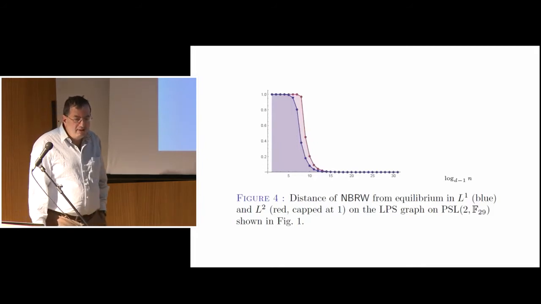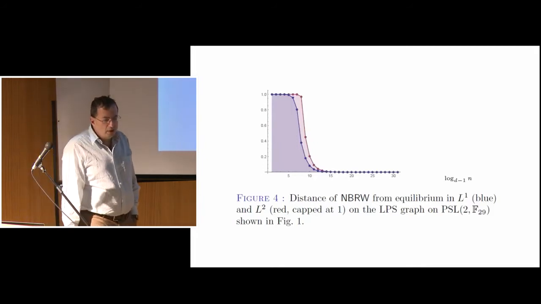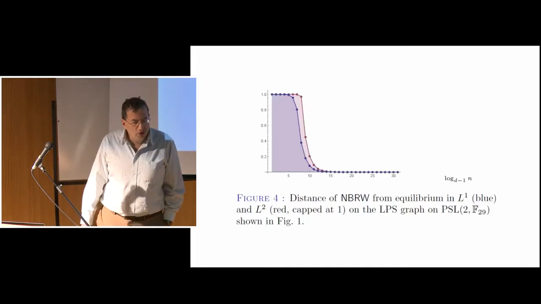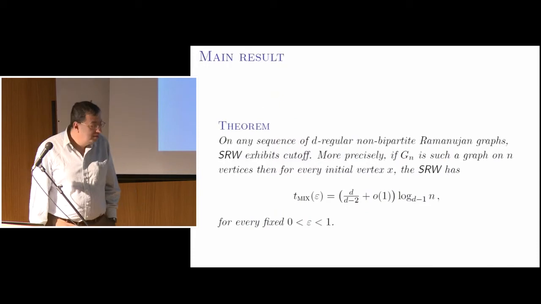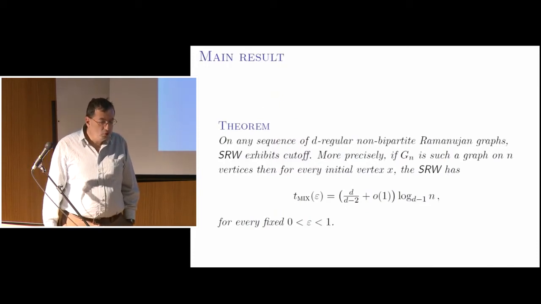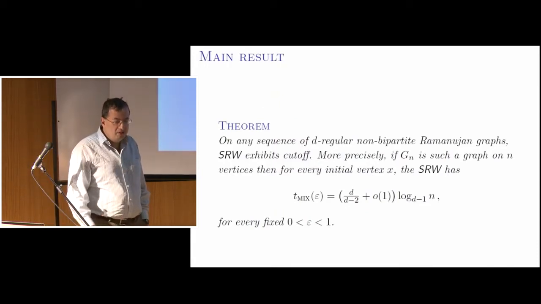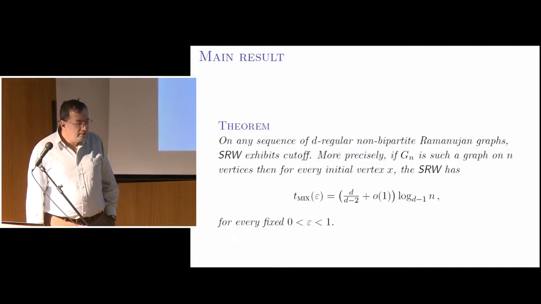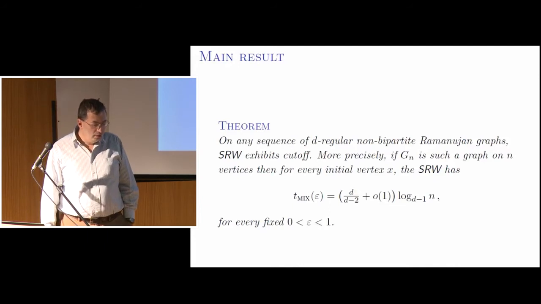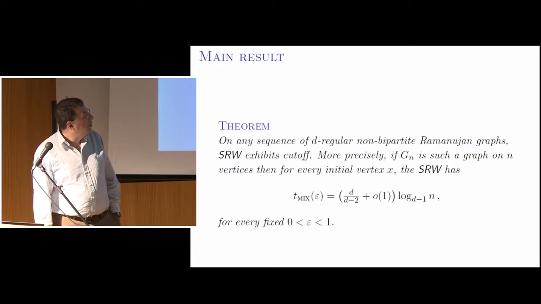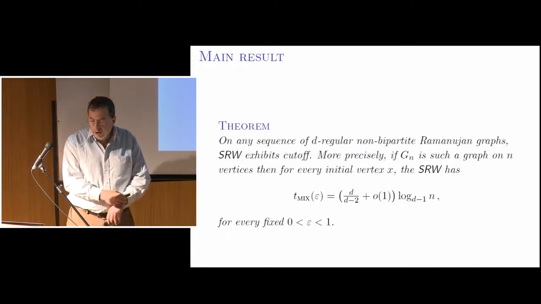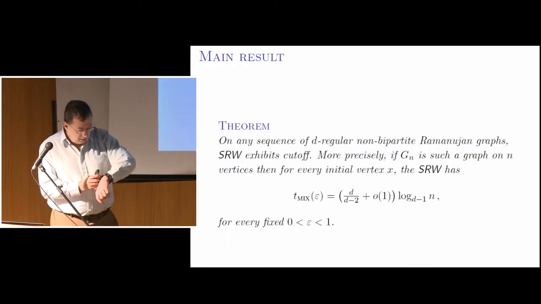However, as we'll see, it does work going to non-backtracking walk. So if you look at the non-backtracking walk, then our finding is that this approach does work. You can do the spectral analysis, compute the L1 and L2, they do match, and that allows you to get the cutoff in L1. So that's the plan, and I'll say some more about that.